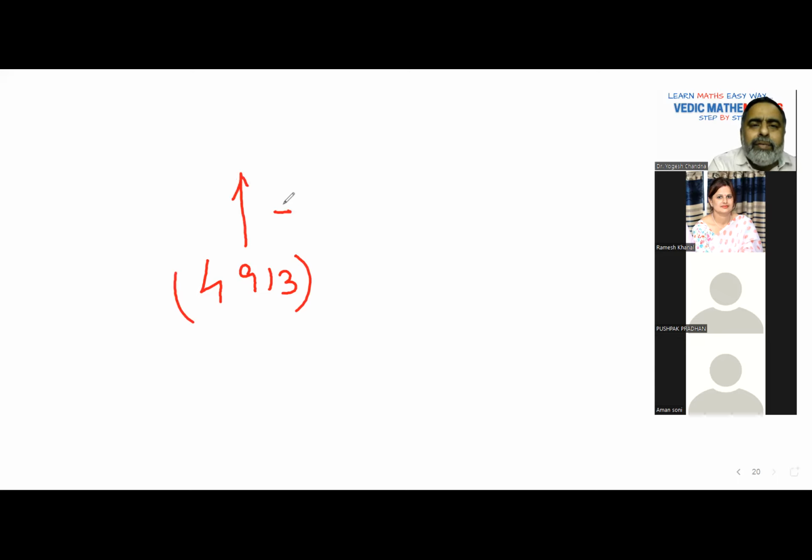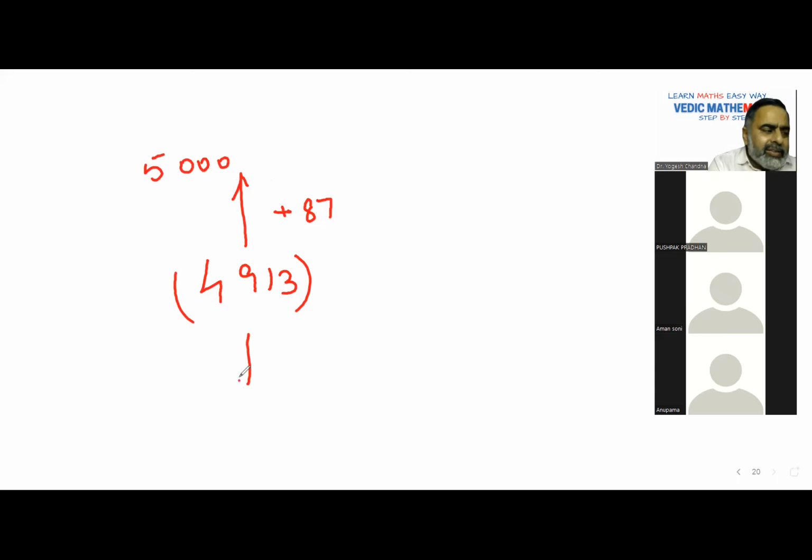Here I can have 87 added and it becomes 5000, and subtracting 87. Now, Umesh, you'll say, sir, 87 square also has to be found. Yes, but in comparison to 4913, you can easily find 87 square. Here it could be 4826.